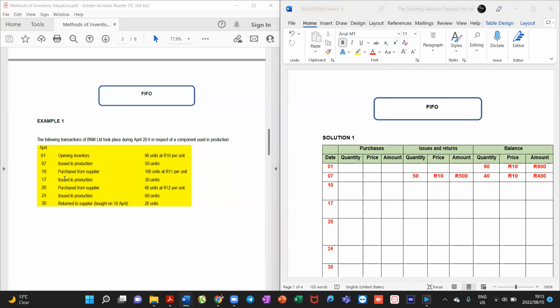Now, on the 10th of April, 160 units were bought. It says purchased from supplier, 160 units at 11 rand per unit. And then the price per unit, please calculate for me how much is 160 times 11.